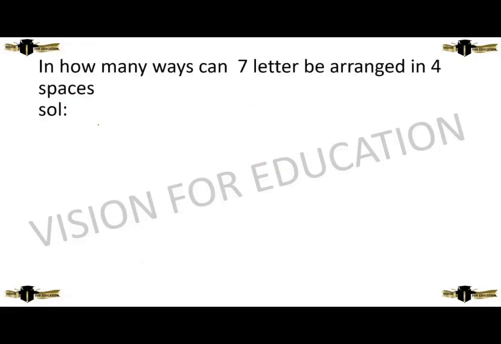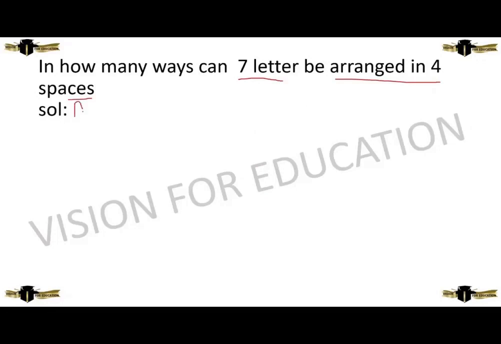Now we are going to discuss another example: in how many ways can 7 letters be arranged in 4 spaces? Here they are saying we need to arrange 7 letters in 4 spaces.